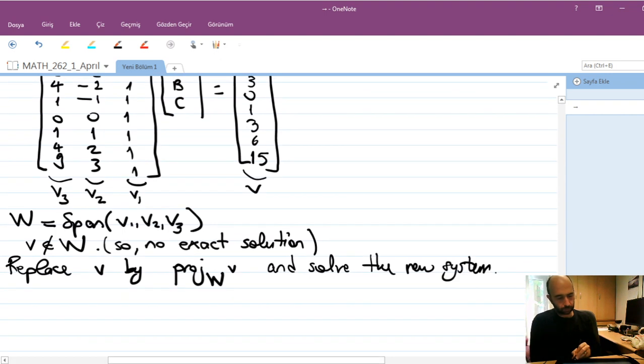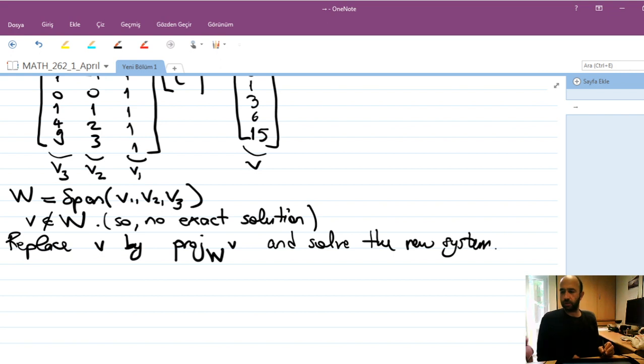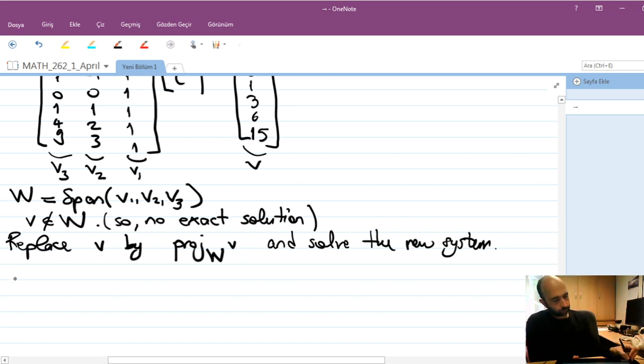Okay, let's do that. That's quite algorithmic at this point. Well, to be able to compute the orthogonal projection, maybe it's best to find an orthogonal basis for W first.